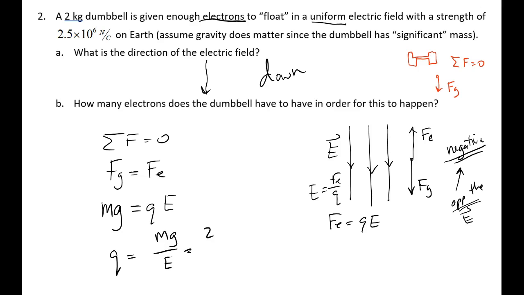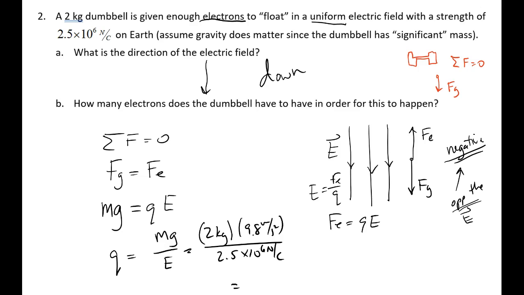So the mass is 2 kilograms. By adding electrons, are you adding mass? Yes, but that's like adding lint to your pocket. It's not really changing the overall mass of the 2 kilogram dumbbell, times 9.8 meters per second squared. And then the electric field is 2.5 times 10 to the 6th newtons per coulomb.